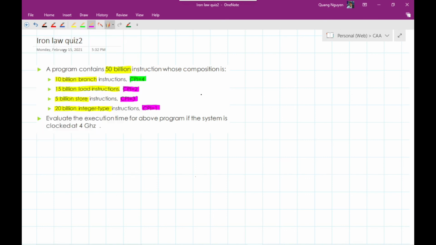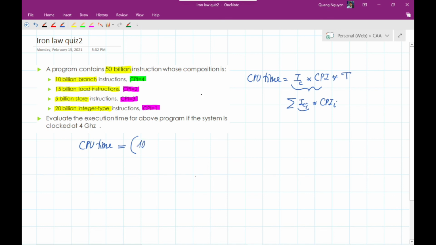We have our last formula; now we need to modify this formula because for individual instructions we have different CPIs, so it must be modified. For the branch instructions we have 10 billion, so this is 10 power 9 times the CPI of this instruction, which is 4, right?